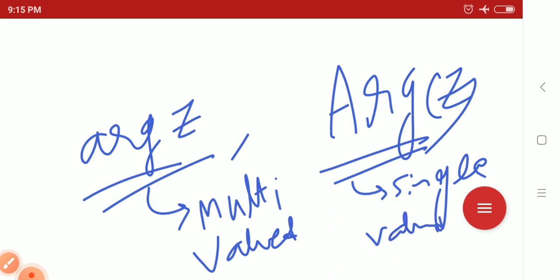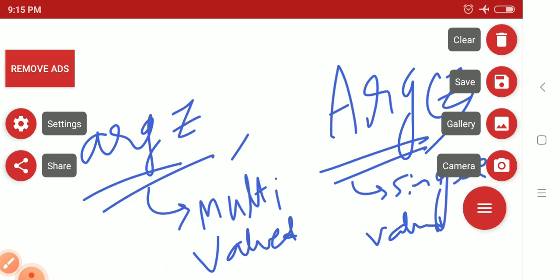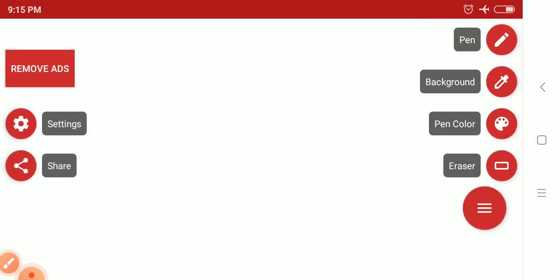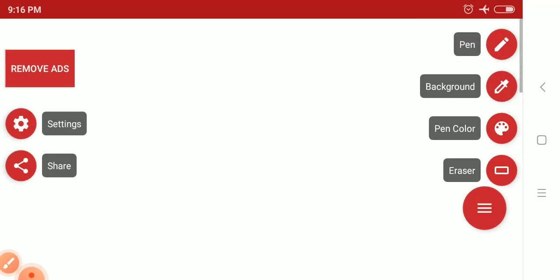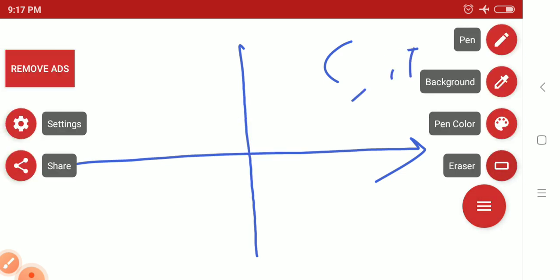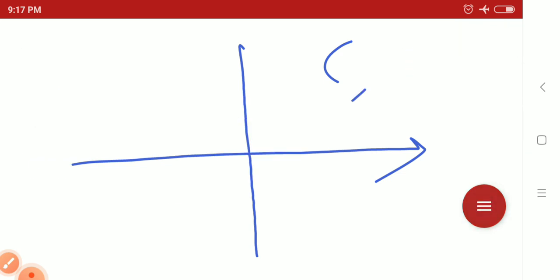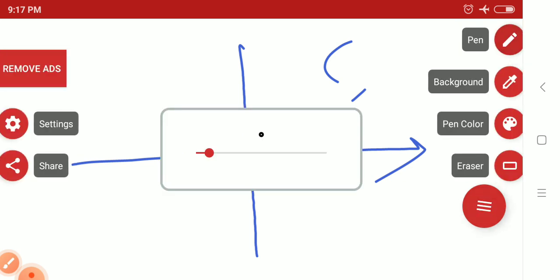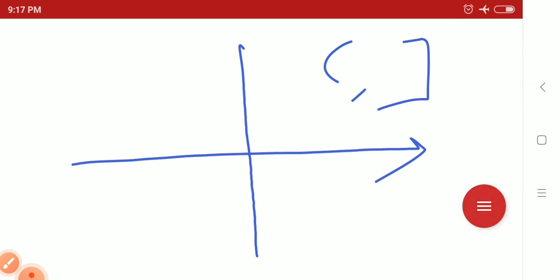So similarly, for the principal argument, let's draw the diagram. The principal argument is valid for a single valued function, meaning a range that starts from an open interval and ends at a closed interval.